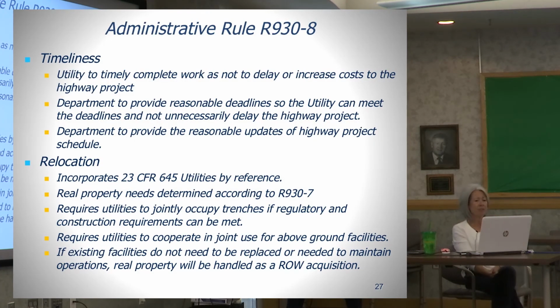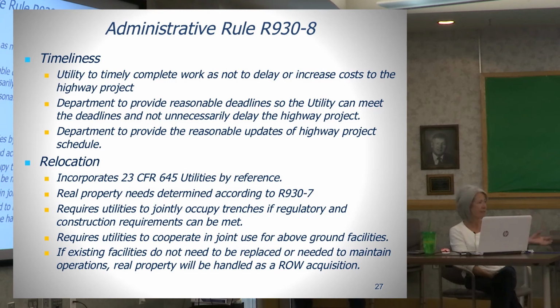Timeliness. The utility is to timely complete the work so as not to delay or increase the cost to the highway project. The department is responsible to provide reasonable deadlines for the work so that the highway project won't be delayed. We need to have reasonable expectations about what they're going to be able to do, and the department is responsible to provide reasonable updates of the project schedule.